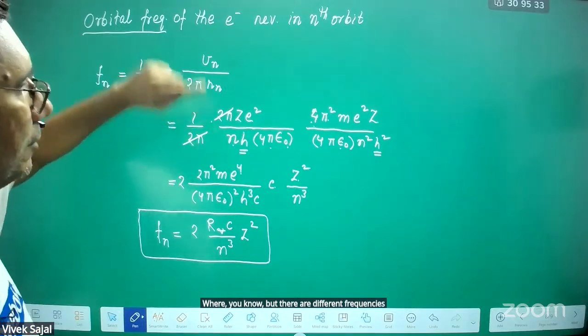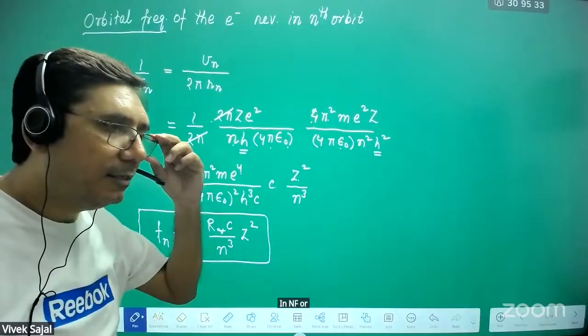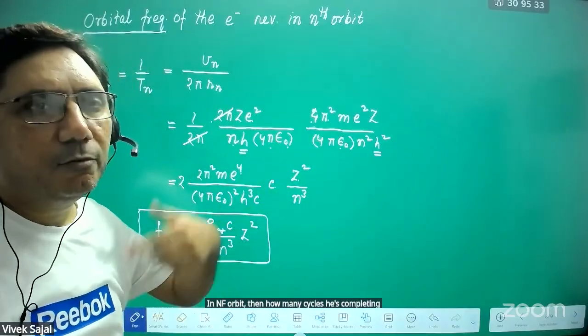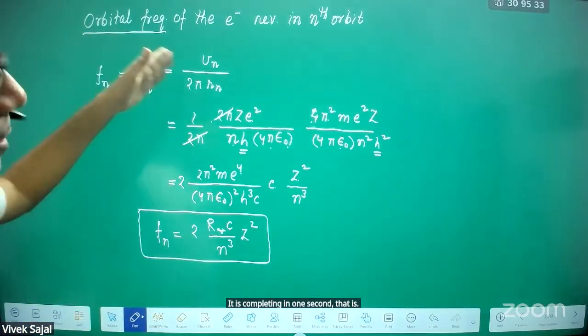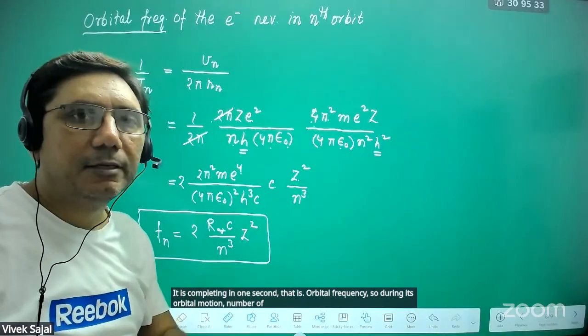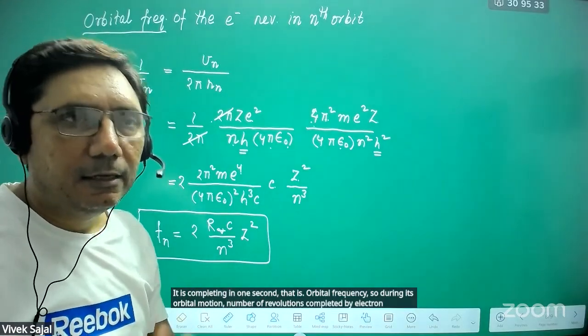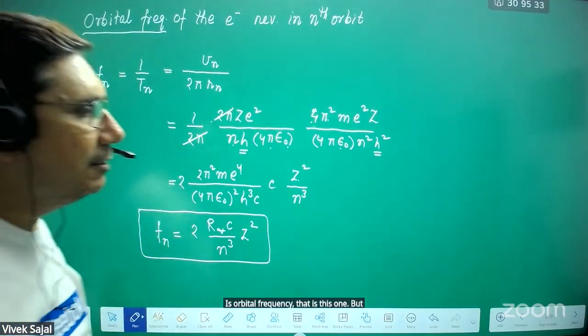Remember this, here electron is revolving in nth orbit. Then how many revolutions it is completing in 1 second, that is orbital frequency. So during its orbital motion, number of revolutions completed by electron in 1 second is orbital frequency. But this expression is exactly same.